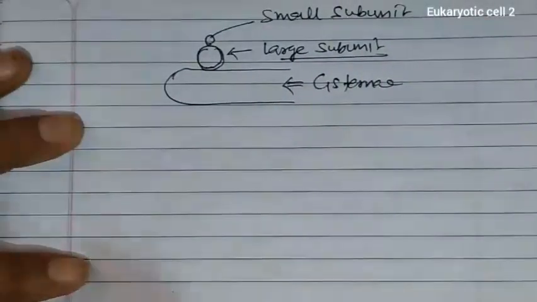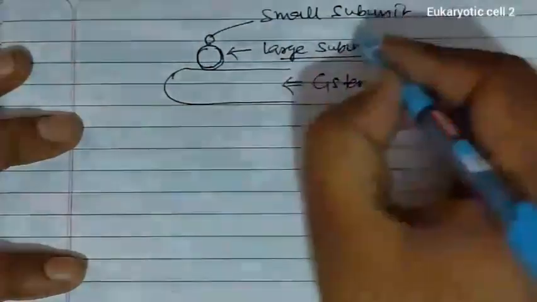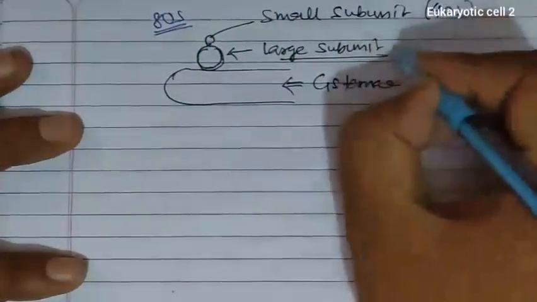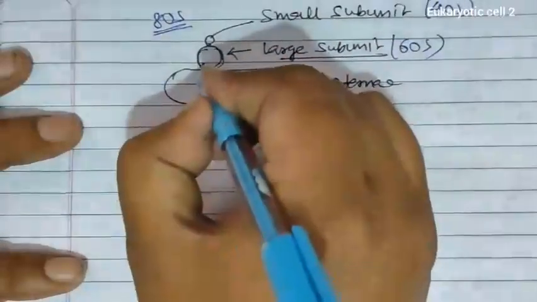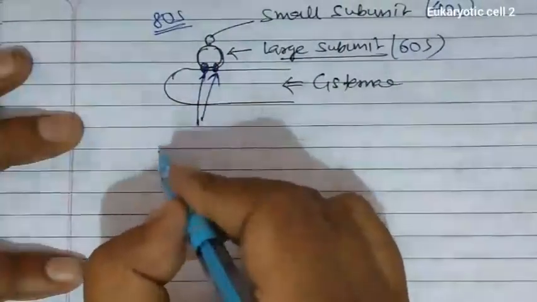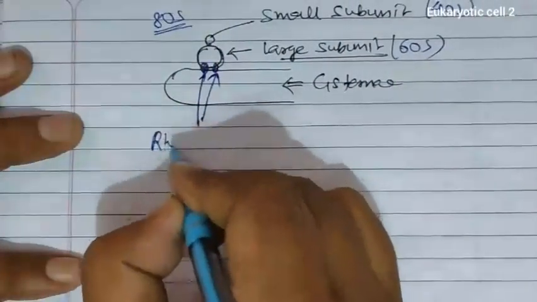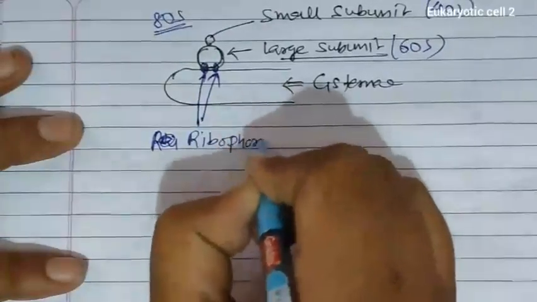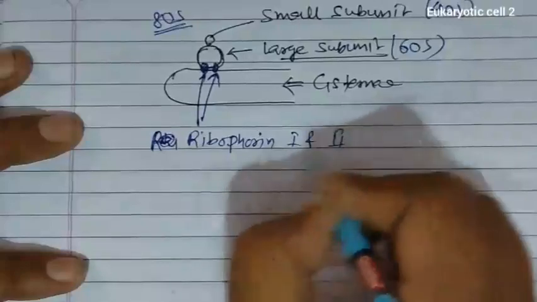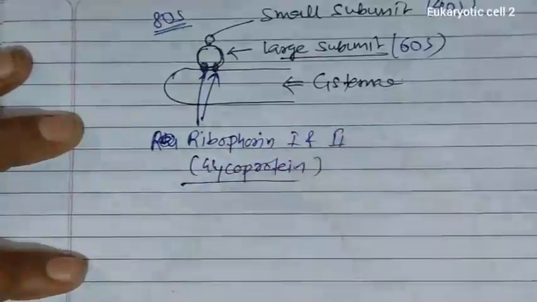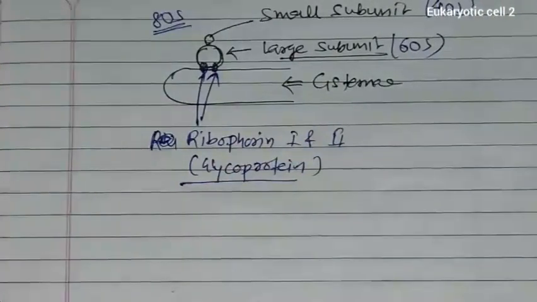Now through large subunit this ribosome is attached, and this ribosome is 80S ribosome, small subunit is 40S, and this large subunit is 60S. Here they are attached to ER through glycoproteins which are known as ribophorin 1 and 2. These are the glycoproteins through which large subunit of ribosome is attached with the endoplasmic reticulum.